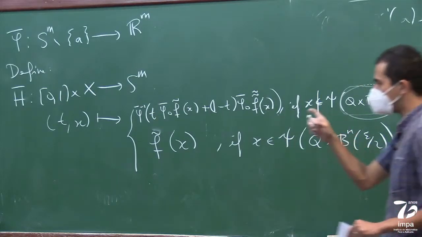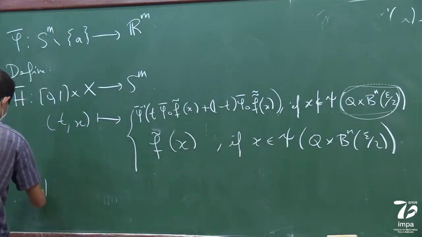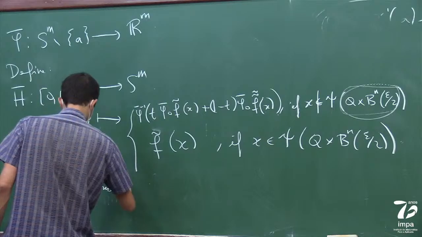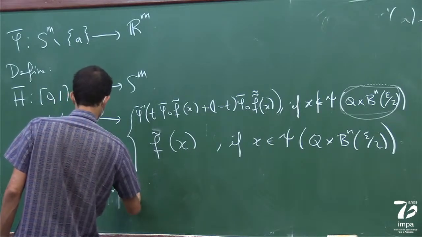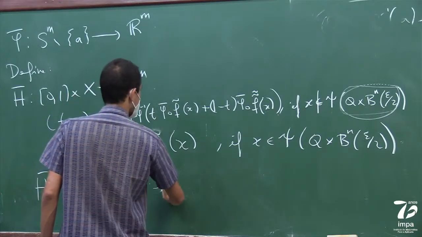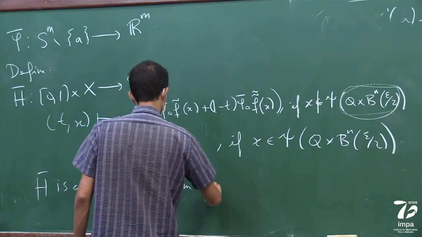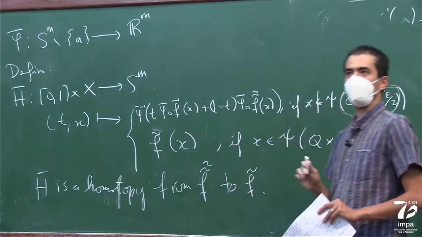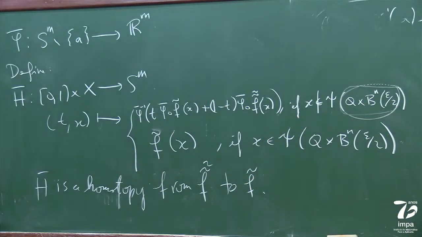So this H bar is a homotopy from f double tilde to f tilde. So there we go. Okay?